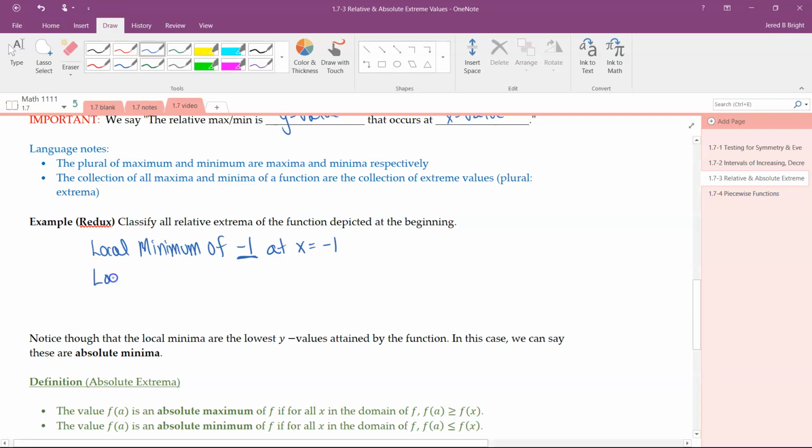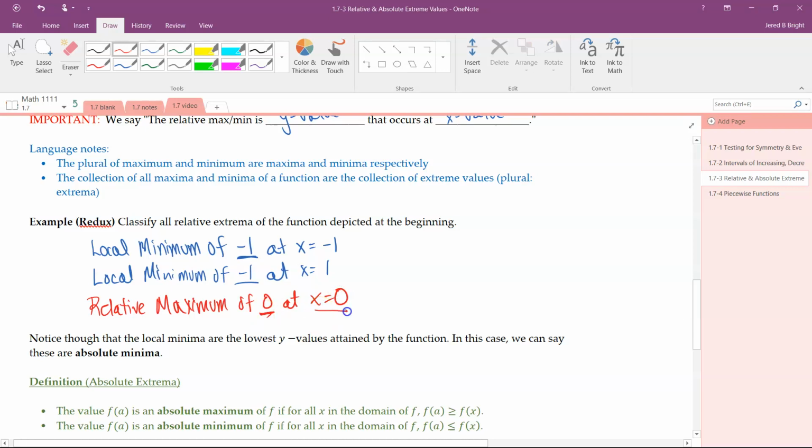I would also say there's a local minimum of -1, y value, at x equal to +1. And just to change up the language, I would say there's a relative, you can say local, maximum of 0 at x equal to 0.